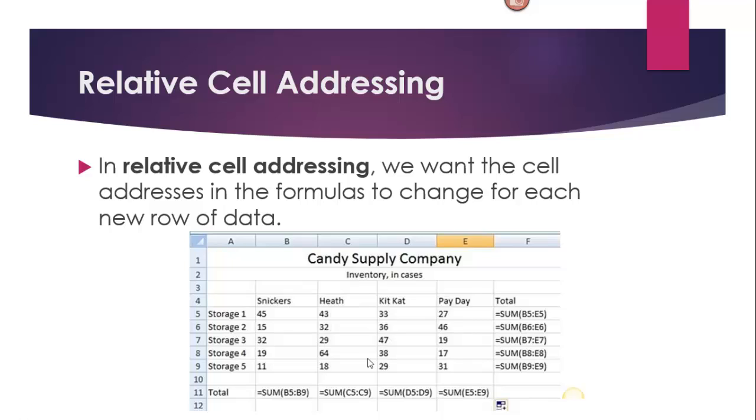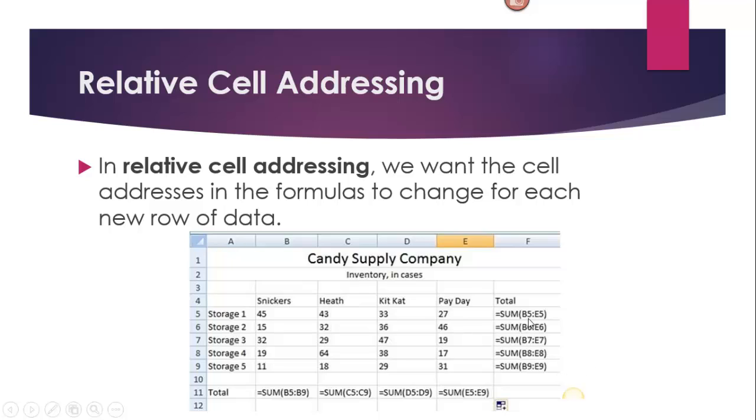What is relative cell addressing? In relative cell addressing, we want the cell addresses in formulas to change for each new row of data. So if we put the function =SUM(B5:E5) in cell F5, then we click and drag down this function to the other cells F6, F7, F8, and F9.